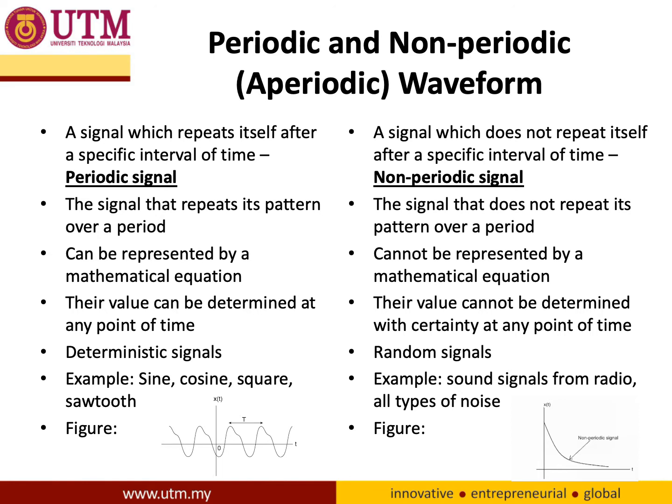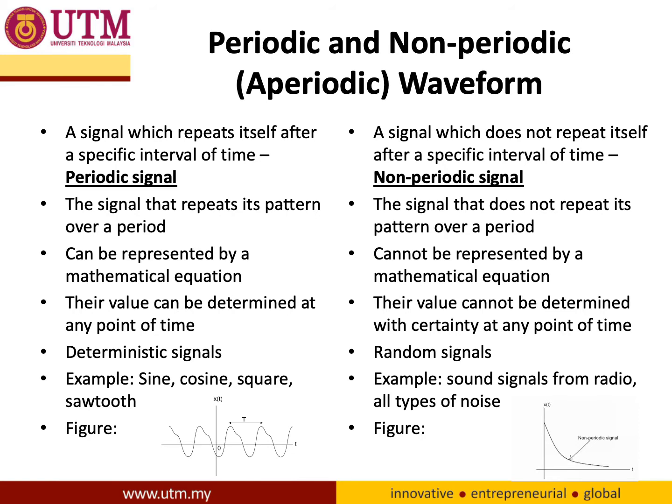Periodic signals are deterministic signals, and examples of periodic signals are sine, cosine, square and sawtooth waveforms. The figures show examples of a periodic signal. Whereas a signal which does not repeat itself after a specific interval of time is a non-periodic signal.